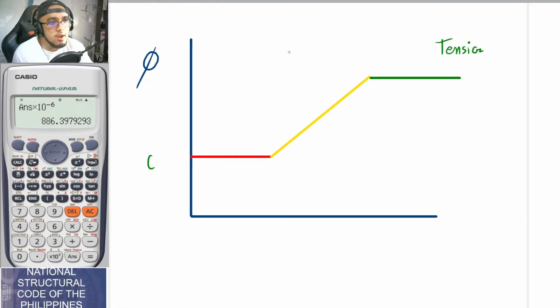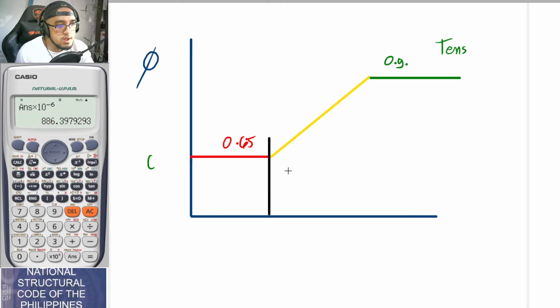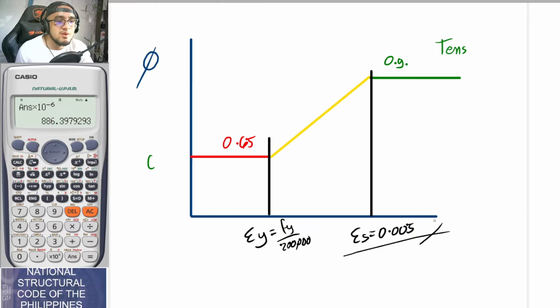Okay, so anyway, if you can remember, this is to be 0.65 and this is to be 0.9. And for its limit, let's say that this is to be the first limit and this is to be the second limit. So the first limit is strain Y, and strain Y is equal to Fy divided by 200,000. And moving forward, for this one, this is to be for your strain S, so 0.005.